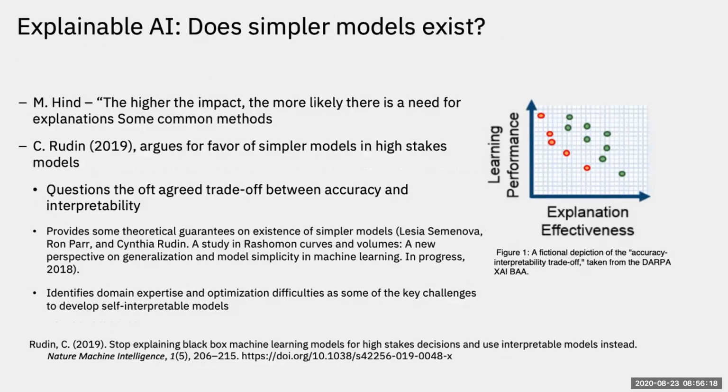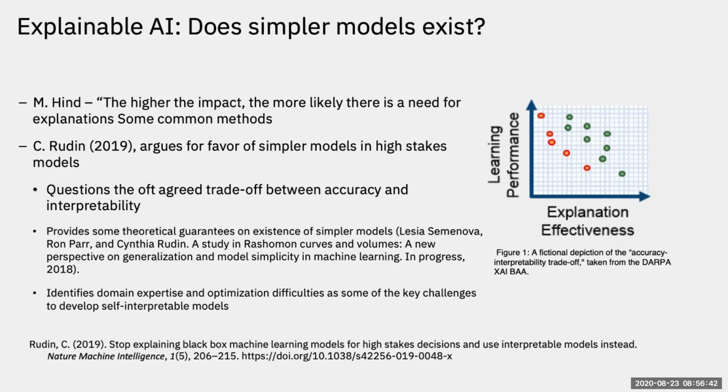So given all of these challenges, there is this alternate viewpoint: should we directly build simpler models? And Michael Hind, in his seminal paper, argues, and we were also referring to this minutes earlier, that the higher the impact, the more likely it is that we need explanations.